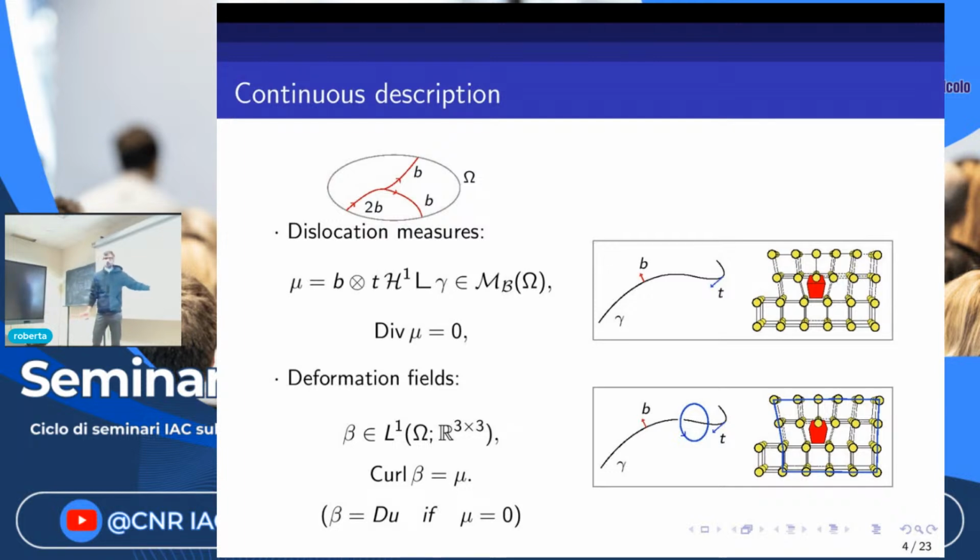But locally, it is a gradient. This is as much as we can ask. It is locally a gradient, but globally just a map with values in that field. And it is linked to the dislocation in such a way that its curl is the dislocation measure. So we would say that a deformation beta is compatible with a dislocation if the curl of beta is equal to mu. Everything clear?